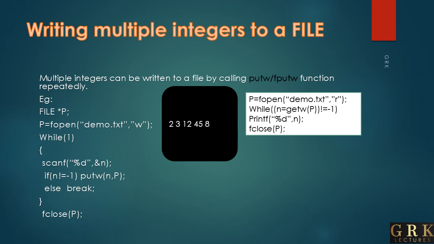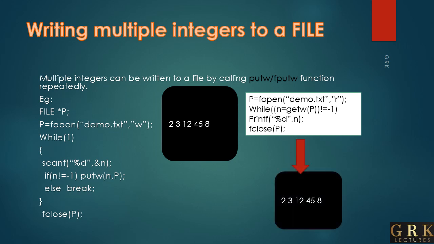So this will produce output on the console, the same as what we entered earlier. On the left side console we entered 2, 3, 12, 45, 8, and these same values will be printed as output on the monitor. Opening this file in the read mode and using the getw function, we can read and print the same as it is.